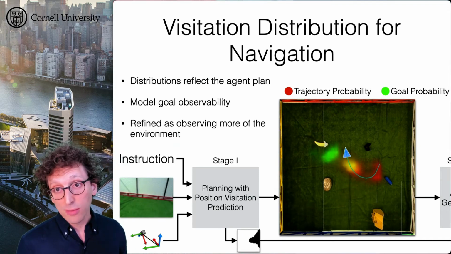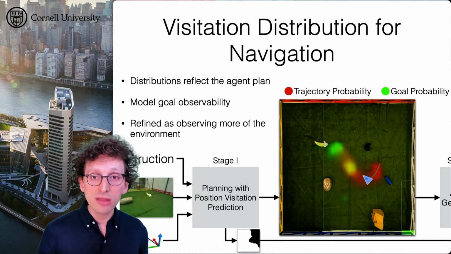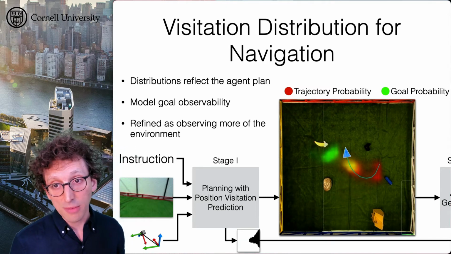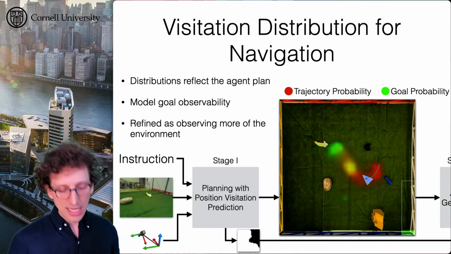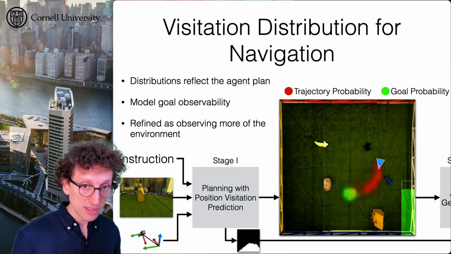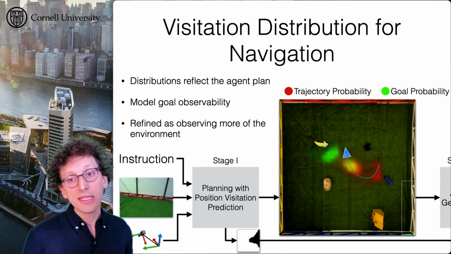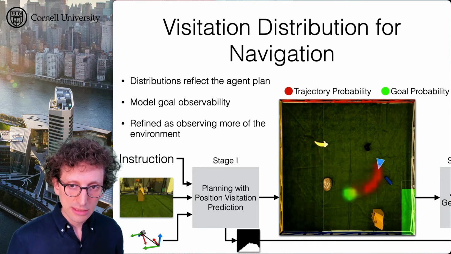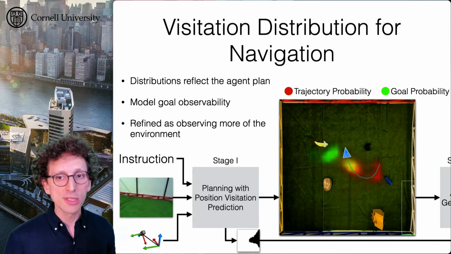We have these two distributions. The trajectory probability tells us the positions that we are likely to visit as we fly through the environment, and it's marked here in red. And the goal probability tells us the probability to take the stop action in a specific position, and it's marked here in green. For the goal probability, we're also adding an additional event, which is the unobserved goal event.